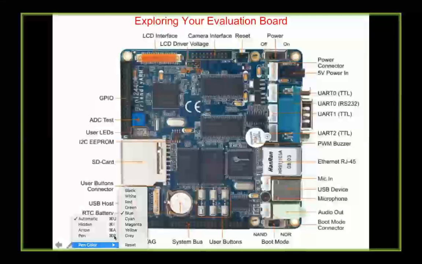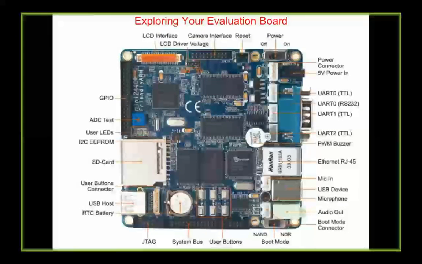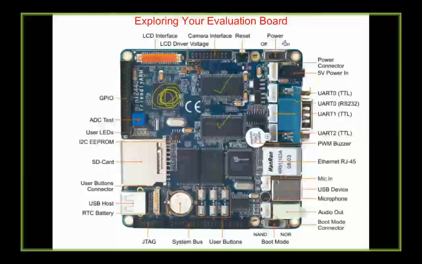So your core processor over here is this. And these are your DRAMs. These are some UARTs. You can see the serial ports. Then there is power on and off. You have a NAND and a NOR switch on the other side here.